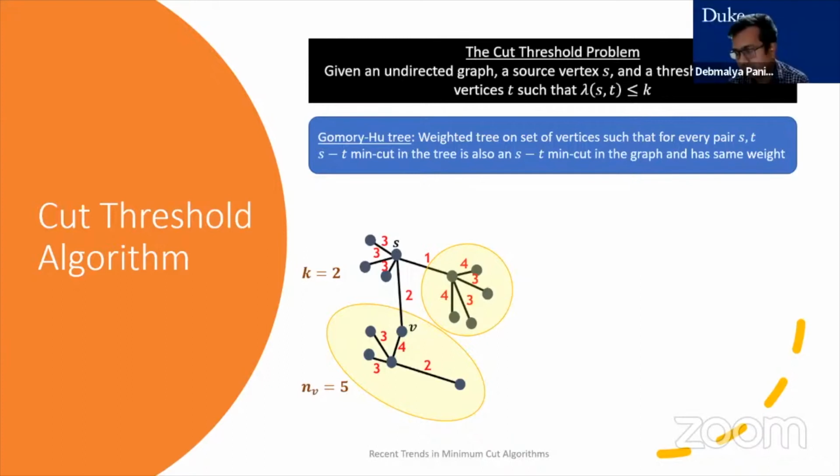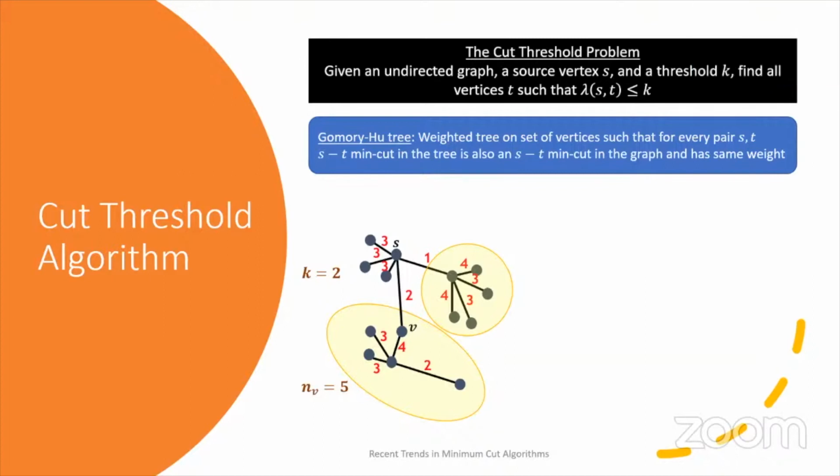There could. It's not necessary that these edges are incident on S. You're just walking out of S. Wherever you encounter an edge that's 2 or smaller, you say the entire subtree under that edge is a set of vertices I need to identify. I see. So it's just a coincidence that these edges are incident on S. Okay, got it. Thanks.